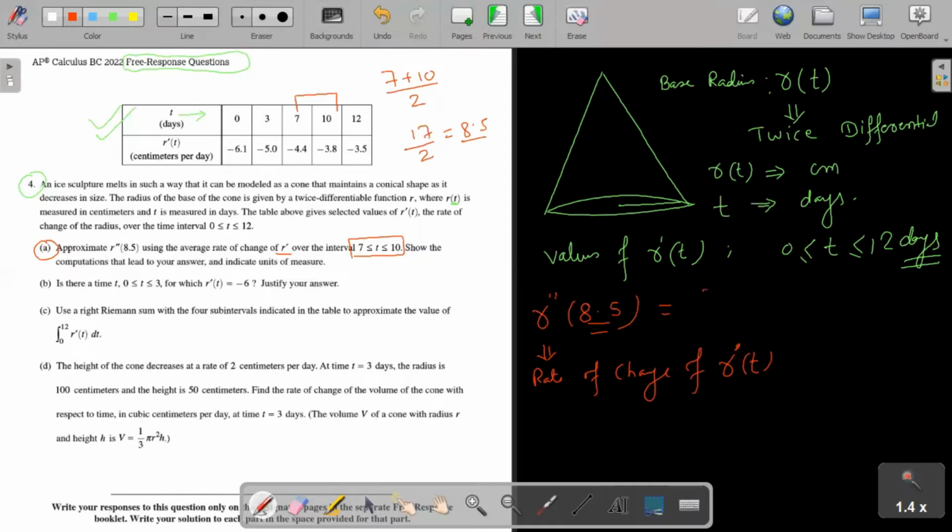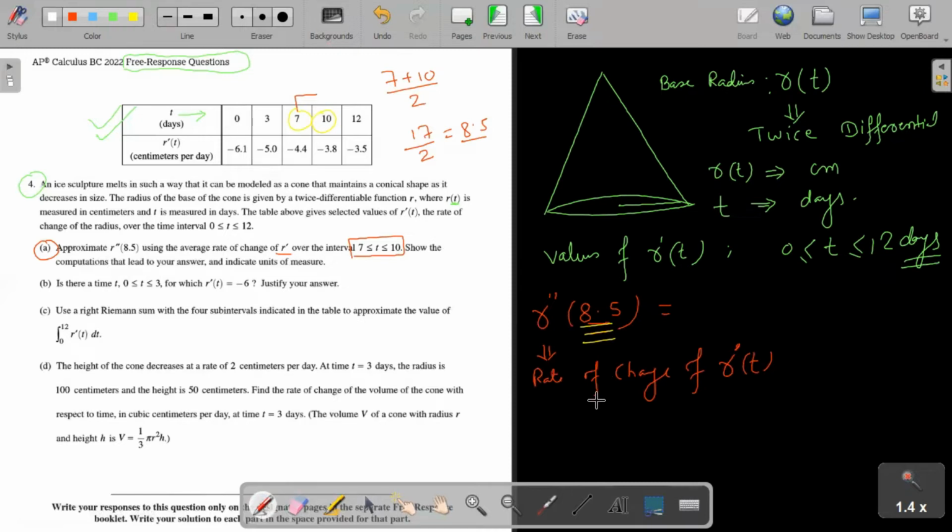We should not do it like this: r dash 7 plus r dash 10 divided by 2. This is absolutely wrong. We have to find the rate of change of r dash t at t equal to 8.5.